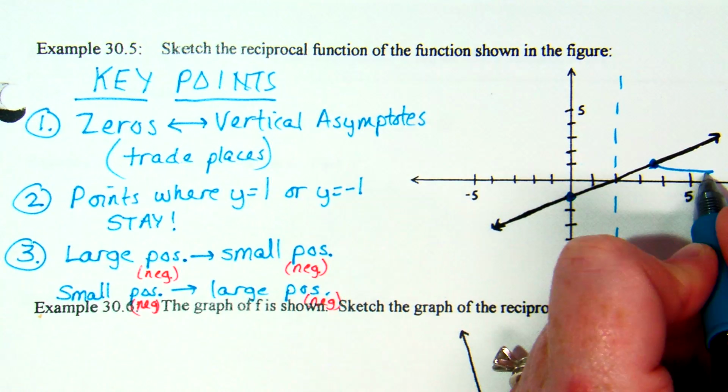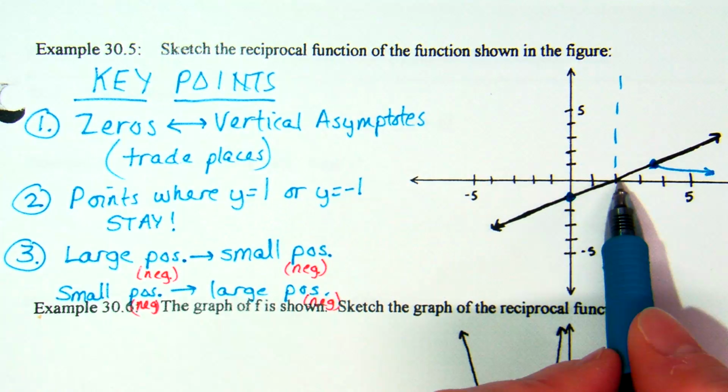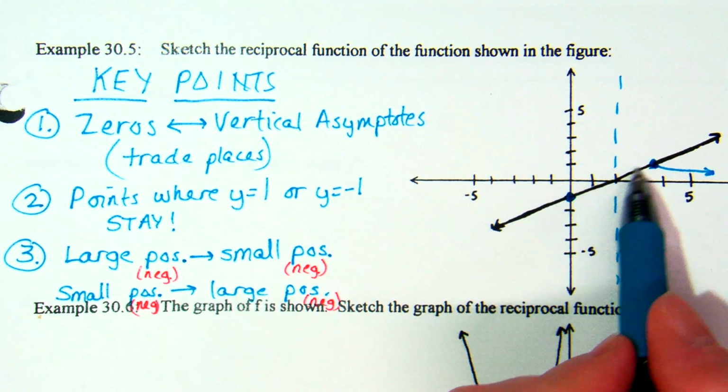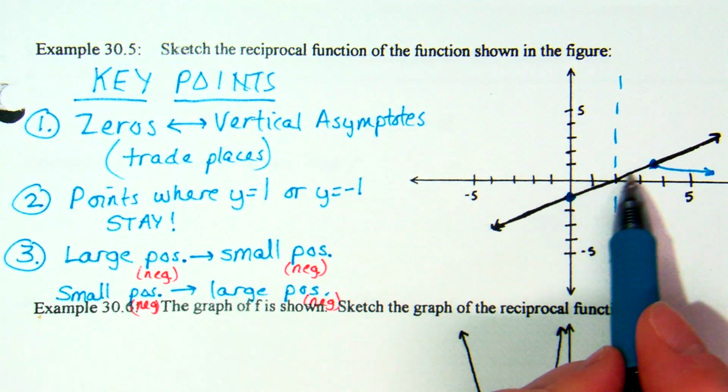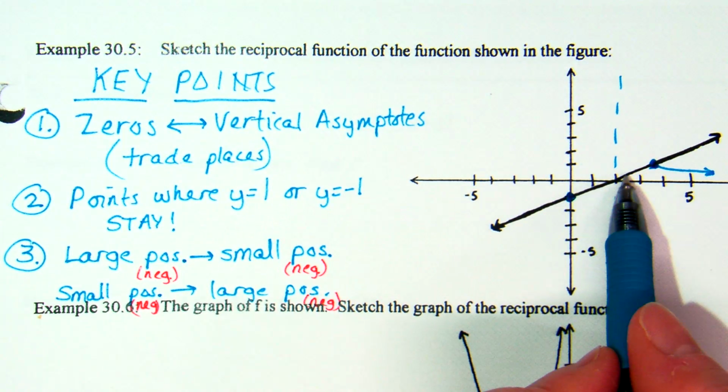Now, only worry up until the asymptote. Between the asymptote and this point here, what is my graph doing? It's getting smaller. So what's my graph need to do? It needs to get bigger. And so you guys cannot see, but what I just drew is it's going up along the asymptote there.